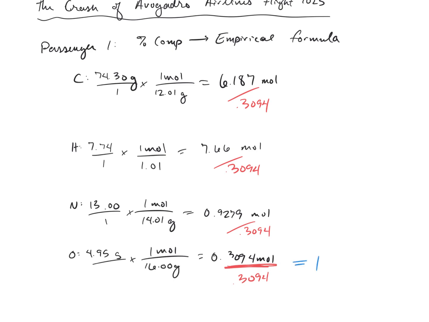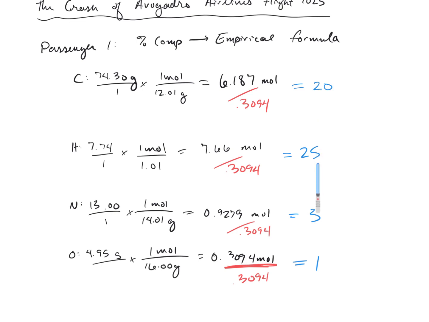That's a 1. And so this number would be a 3, and this number is about a 25, and this number is a 20. Okay, so this number was like 24.78 or something like that.